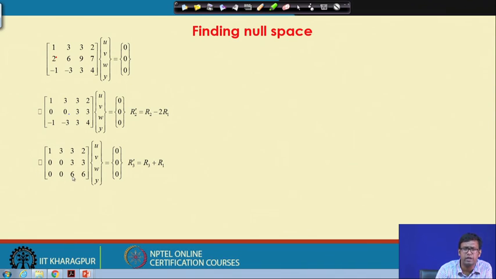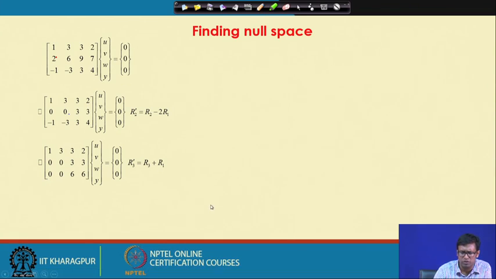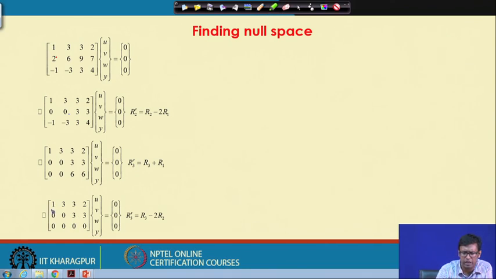I will try to eliminate the third term of the third row, or see how many zeros I get eliminating in the third row. So, twice the second row will be eliminated from the third row, and we will get a 0 here. Now I got something close to a reduced echelon form, rather I got what is called an echelon form.